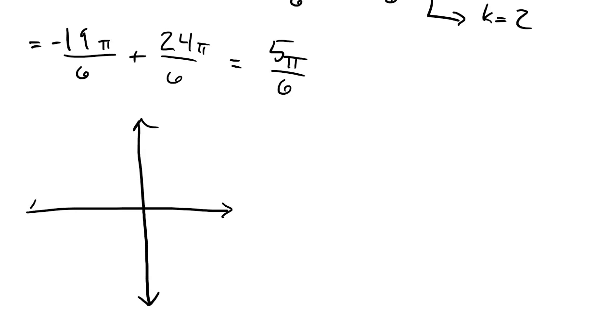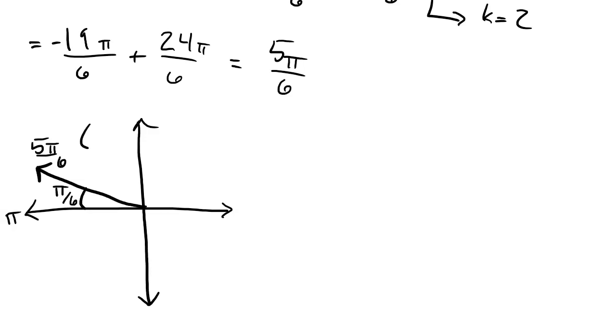Remember, every member of a family, for example in the pi over 6 family, is pi over 6 away from the x-axis. So if this is pi over 6, and this is pi, that means that this angle is 5 pi over 6.